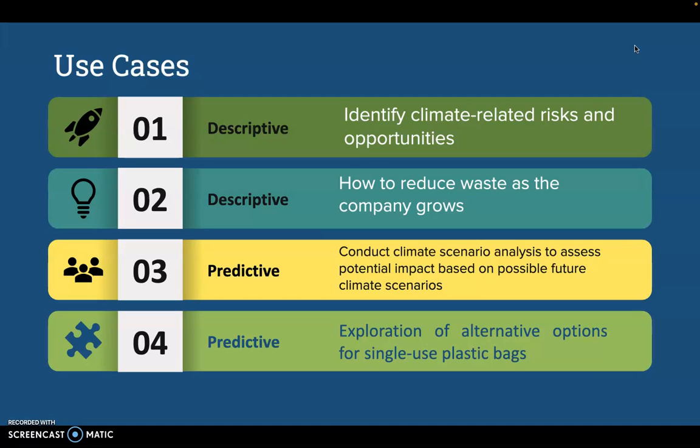So we are going to look into the descriptive, predictive, and prescriptive objectives we want to answer. The first descriptive is we're going to identify climate-related risks and opportunities, and then how to reduce waste as the company grows. For predictive, we are going to conduct climate scenario analysis to assess potential impacts based on possible future climate scenarios, and then exploration of alternative options for single-use plastic bags.